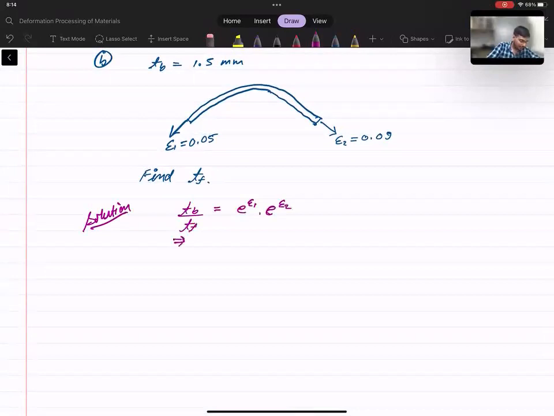If we substitute the values, we have here 1.5, TF we need to find, e raised to power 0.05 into e raised to power 0.09.